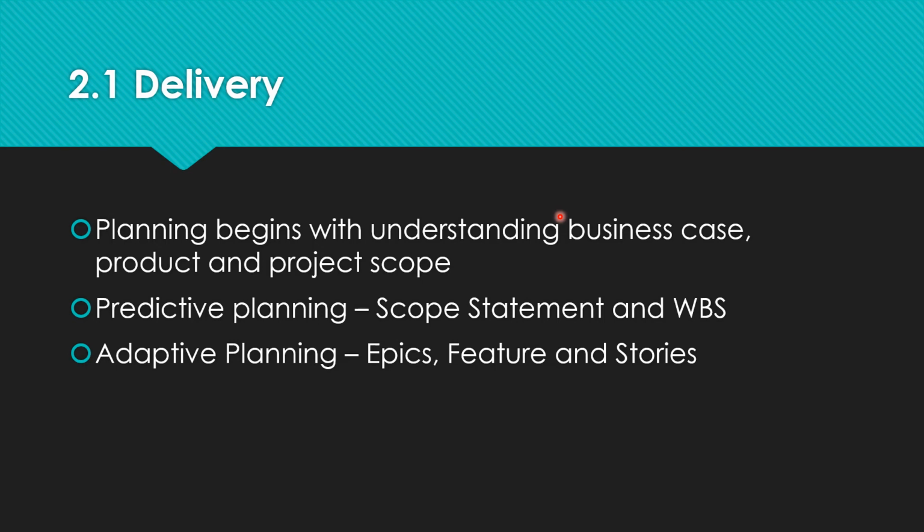The product scope talks about the features and attributes of the product to be completed, or the quality standards of the product. The project scope talks about the work involved in developing a product, right? In predictive planning, you start with the scope statement and you elaborate in a WBS. In adaptive planning, you start with epics and features and you elaborate into stories, right?